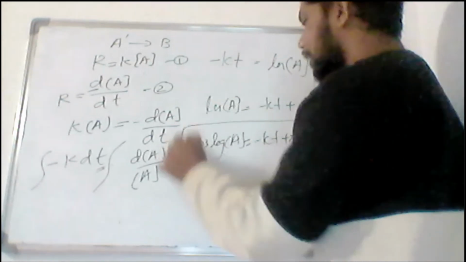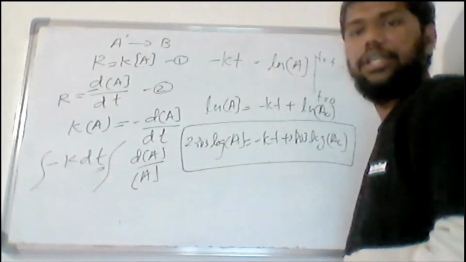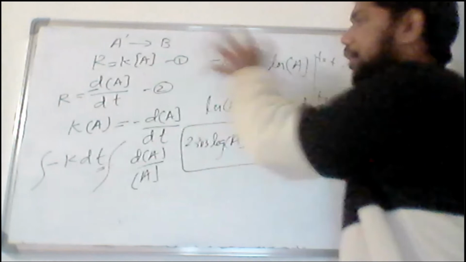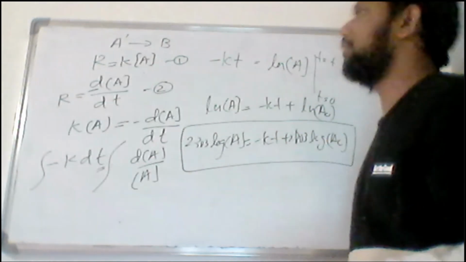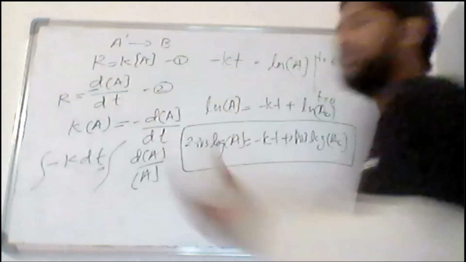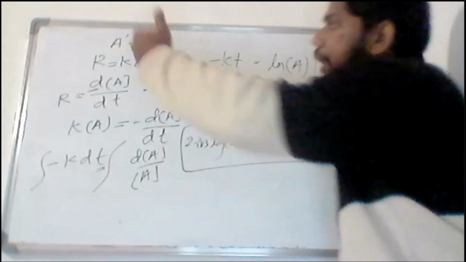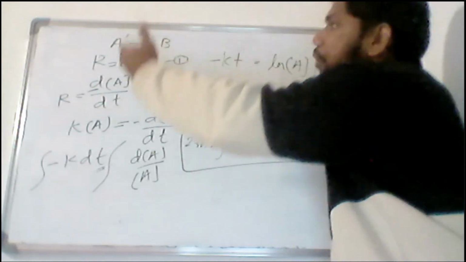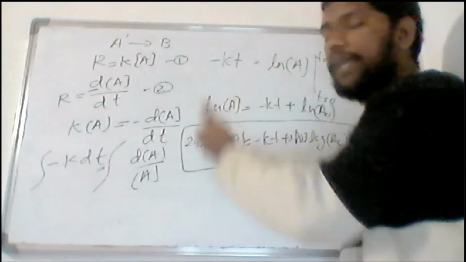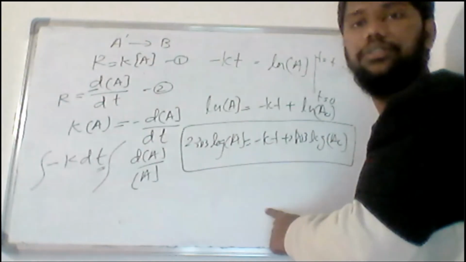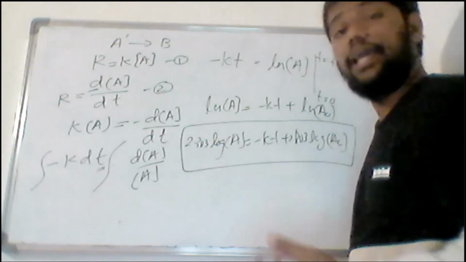So this is the equation that they have given to you. These are not necessarily needed for you. What I want to emphasize is that when you have a first order reaction, you can write it using the rate law and using the differential form, equate them, integrate, and finally come to this equation.